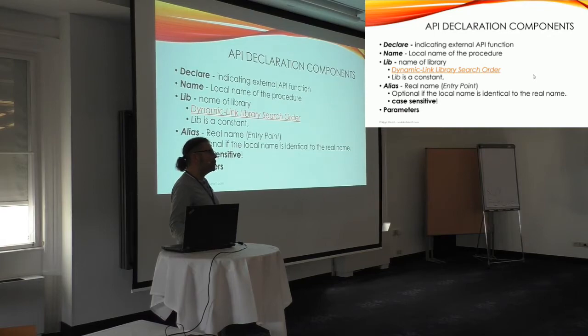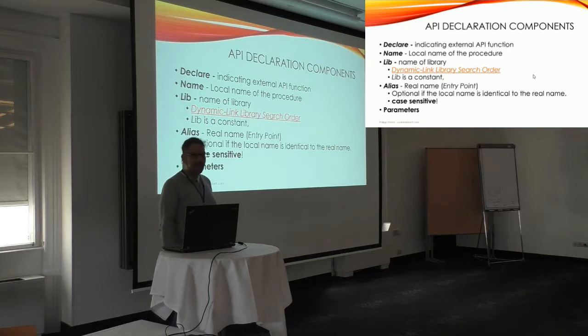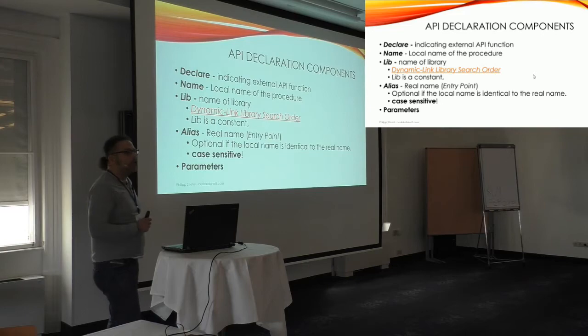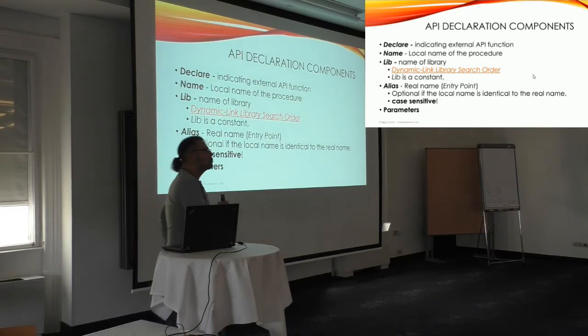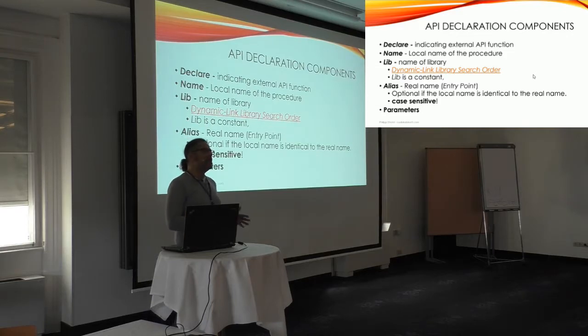And quite important to note, the lib part is a constant. We cannot supply a dynamic value for that. I'll talk about that in a second. Now the alias is the real name of the entry point into that library, the real function name. And that usually is a name very similar to the name we actually use.